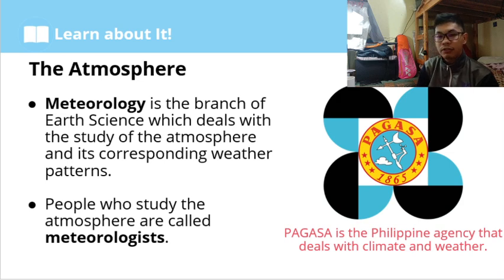People who study meteorology are called meteorologists. Now, for the Philippines, we have an agency that deals with climate and weather and what is happening on Earth, which is called PAG-ASA. PAG-ASA is an acronym: the P, the A, the G, the A, the S, and the A each have a meaning.